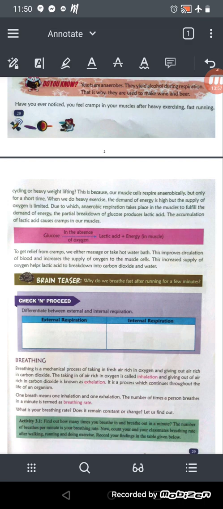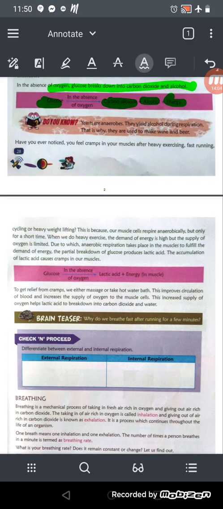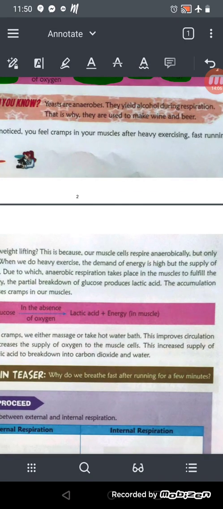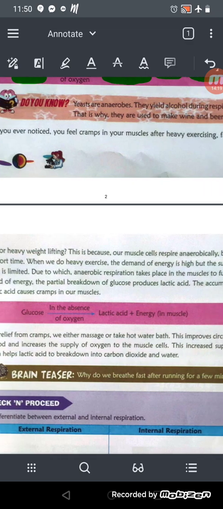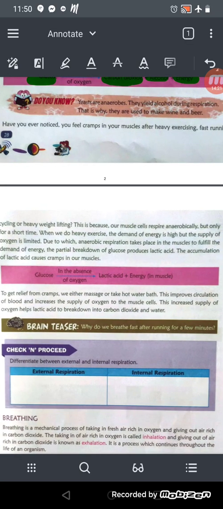So yeast are anaerobes and they yield alcohol during respiration. When they respire, that produces alcohol. That is why yeast is used to make wine and beer.